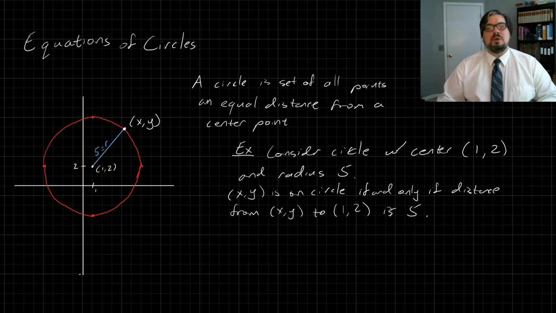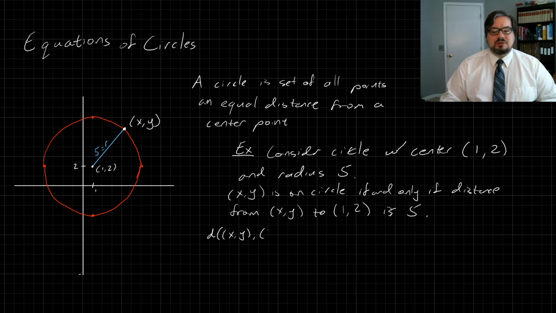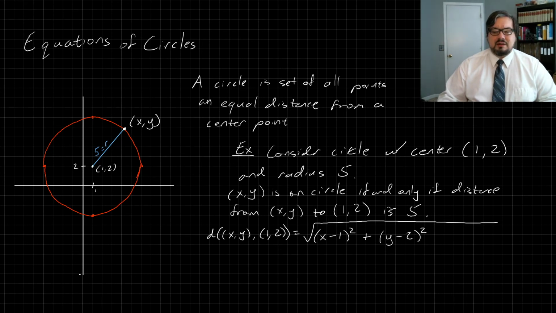And fortunately, we have a formula for the distance between 2 points. So we know that the distance from x, y to 1, 2 for any points x and y is the following. The distance is the square root of (x minus 1) squared plus (y minus 2) squared.